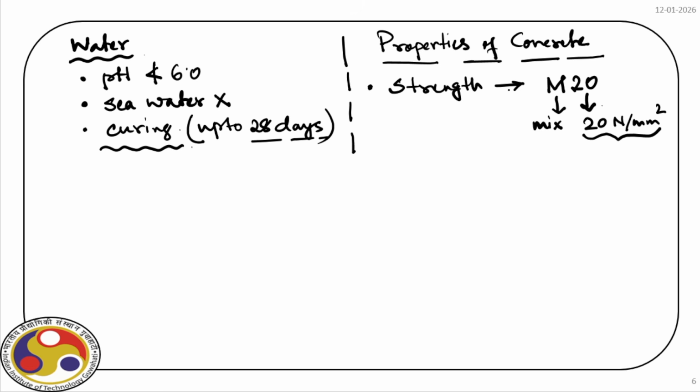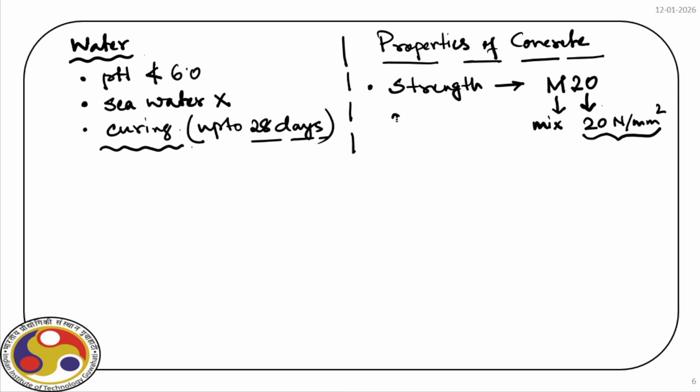So what we do? We first prepare the concrete, pour it within the formwork, then leave it for 28 days with proper curing. Then at the end of 28 days, if we take the sample from the batching plant and test it with the same curing process, then the strength at the end of 28 days that we get is the strength of the concrete that we use in design.